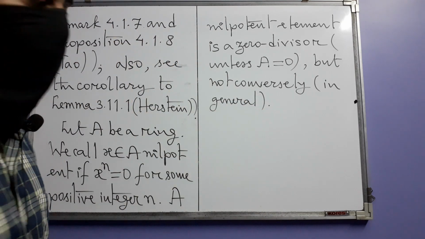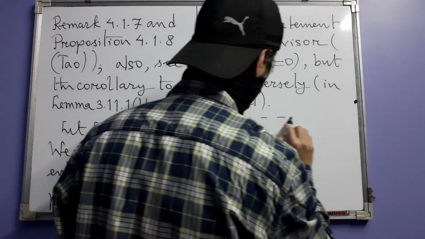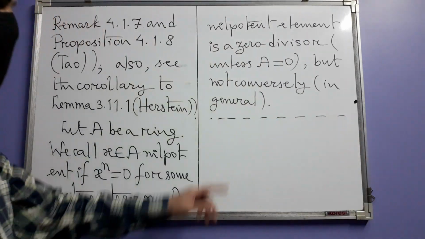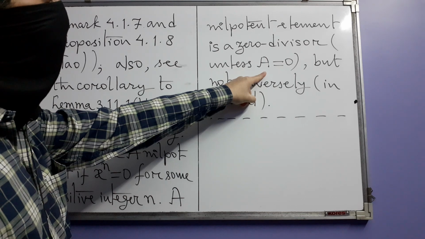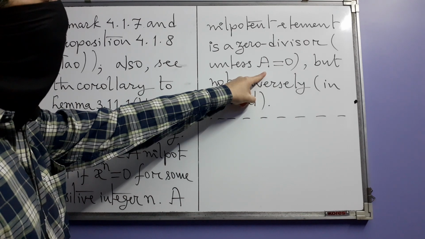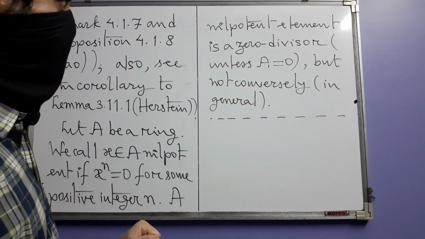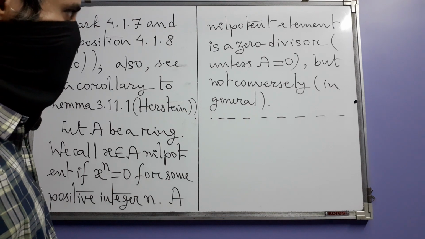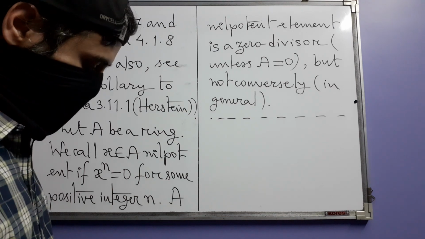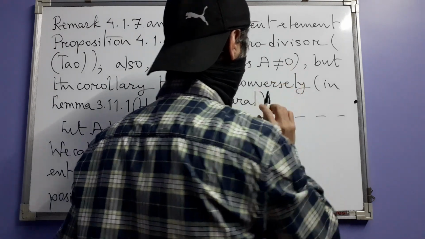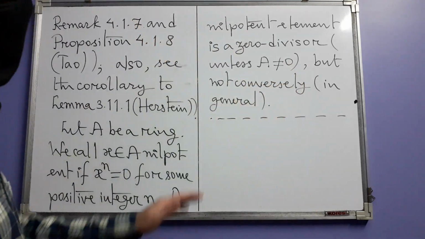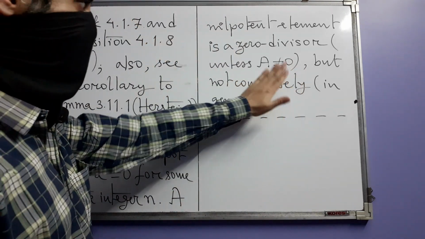Okay, how? We do understand that a nilpotent element is a zero-divisor, or did I get it wrong? Unless, yeah, of course. I actually was writing the correct one. For some reason, I got confused here.